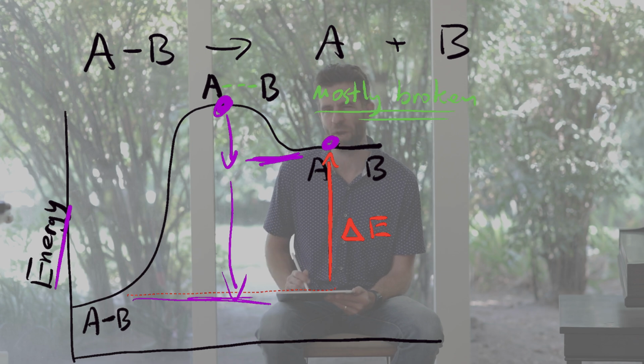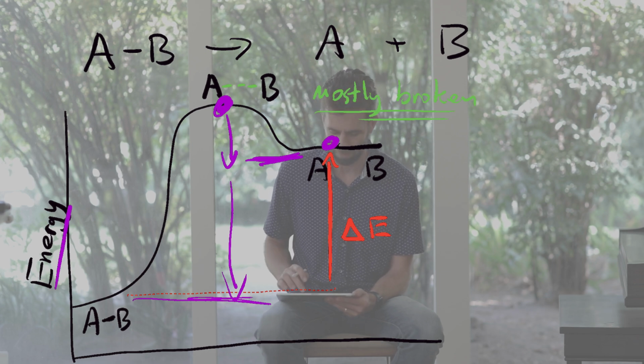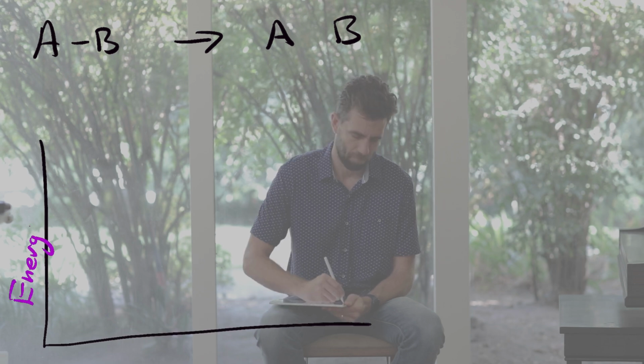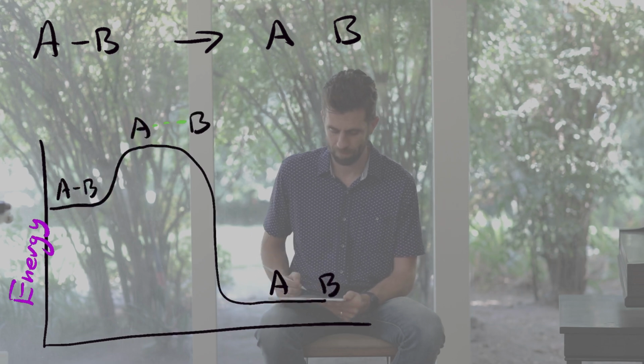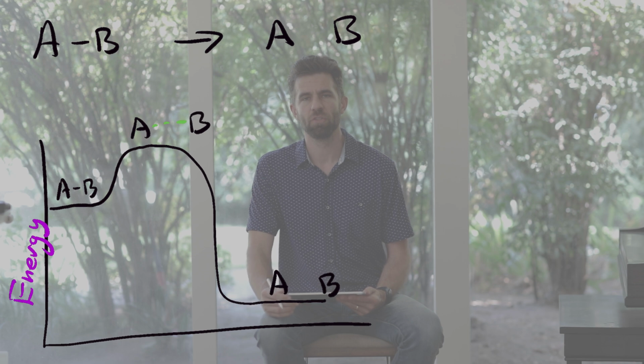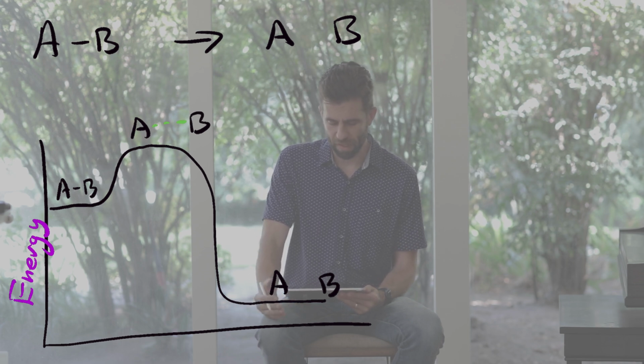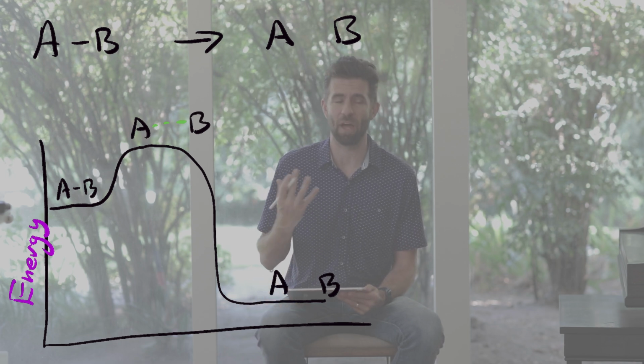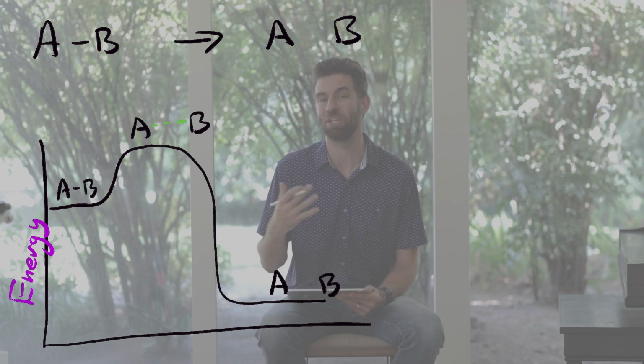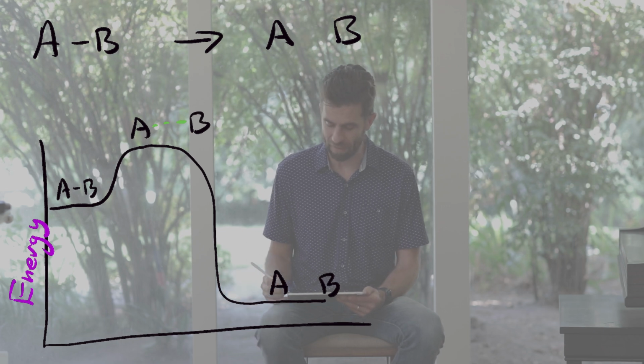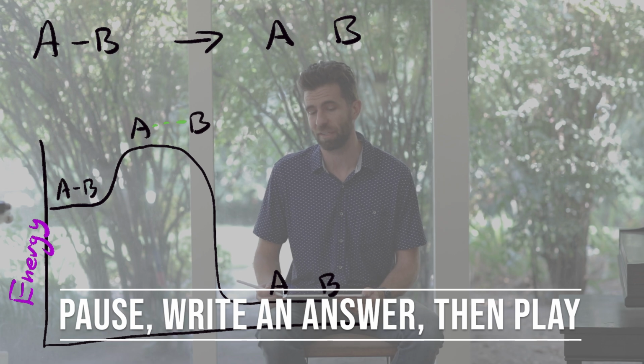So let's look at one other example real quick. All right, so if you look here, you'll notice that we have not the same reaction, right? It's still AB, but it's actually a different reaction. And in this case, is it endergonic or exergonic?